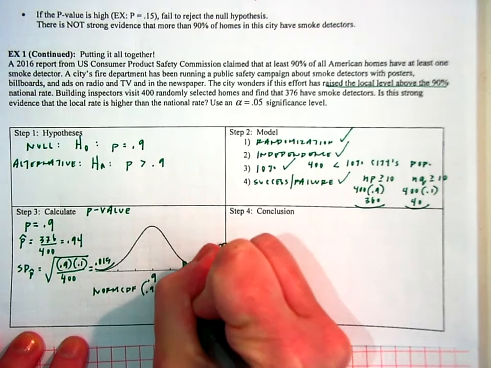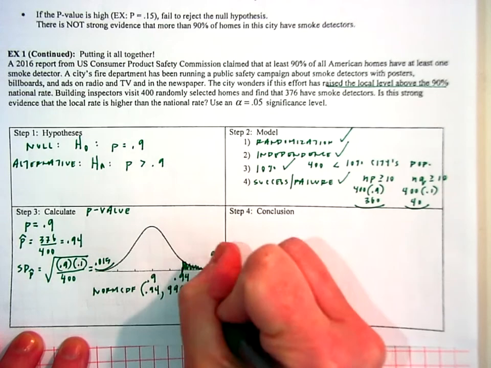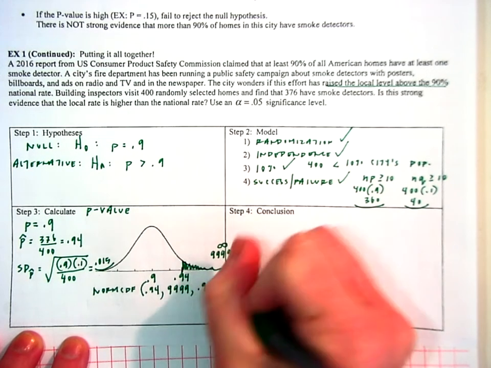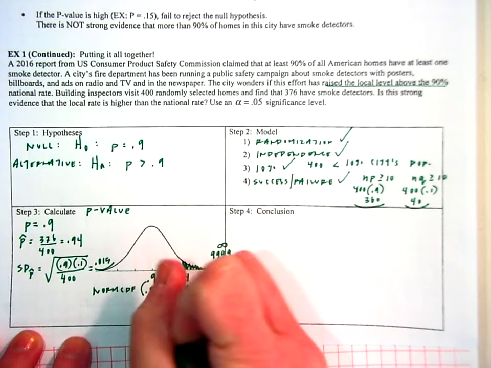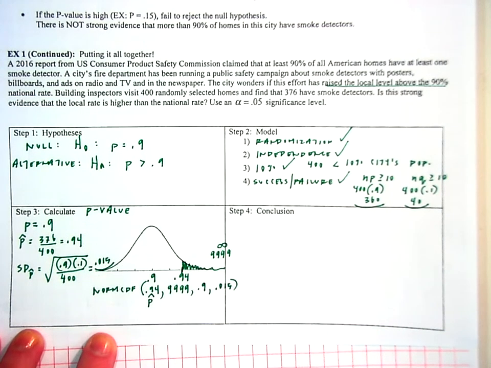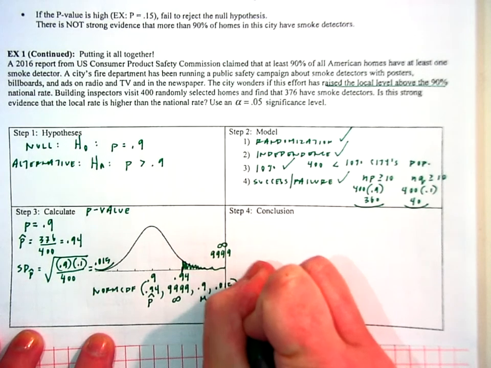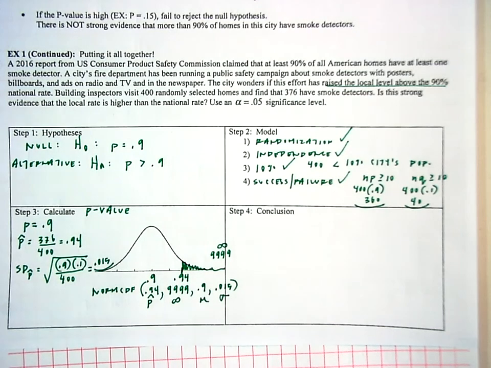So 9999 is what I'm going to use, so lower, upper, and then here my mean, 0.9, and the standard deviation, 0.015. So again, here is my statistic that I obtained, that's my lower marker up to infinity. Here's my mean, here's my standard deviation. So when I crunch that, grab my calculator.